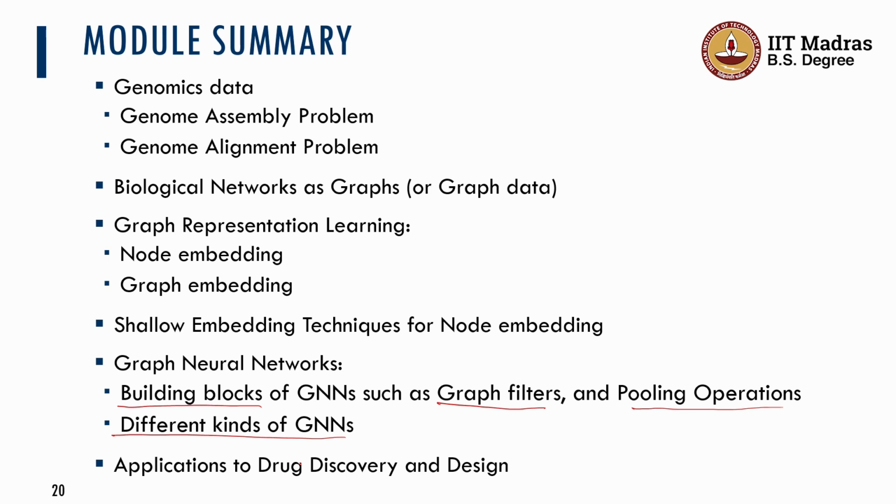We have looked at how they can be useful for molecule property prediction, protein interface prediction, drug target binding affinity prediction, or drug-drug interaction prediction. So all these problems can be formulated as deep learning over a graph, and it can be useful to solve these problems.